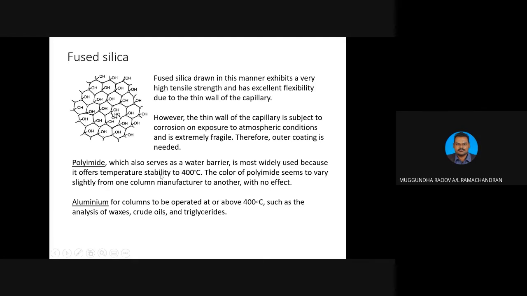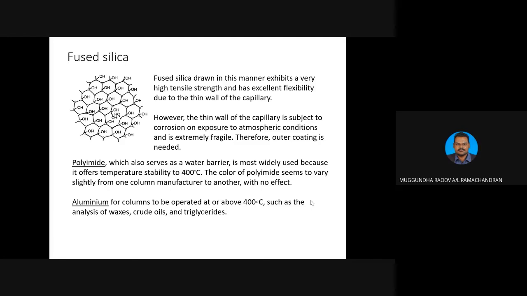Polyimide also serves as the water barrier, and in most cases is widely used because of its temperature stability. The color of polyimide seems to vary slightly from one column to another, from one manufacturer to another, but with no effects.